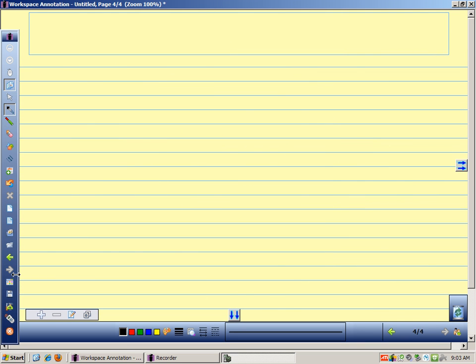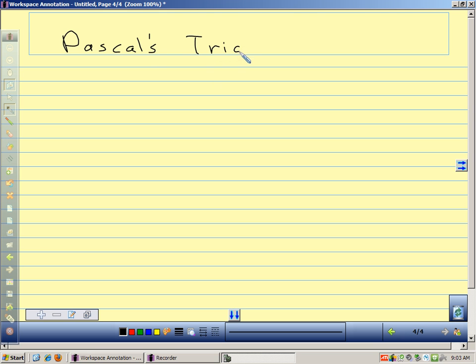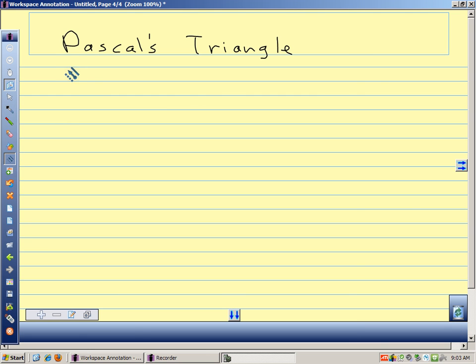And it can be an easy way to get some of our binomial coefficients if our exponent is kind of low. And Pascal's Triangle is a really cool thing. There are a lot of secrets, a lot of mysteries in Pascal's Triangle. So we're going to write the pattern just for the coefficients, and I'm going to write them in a triangle.